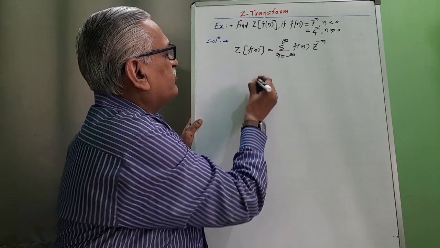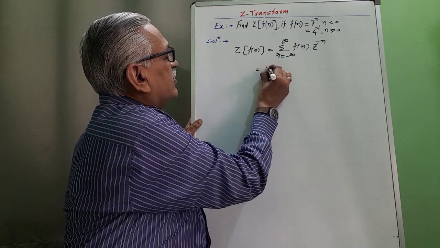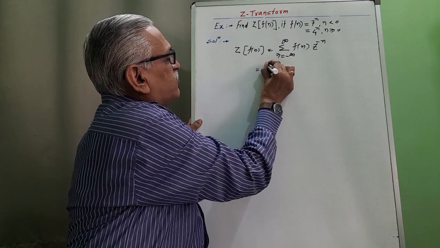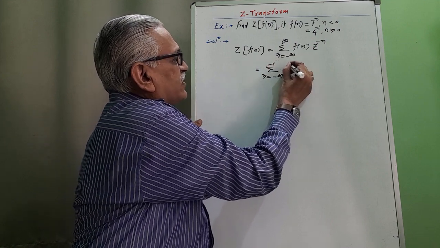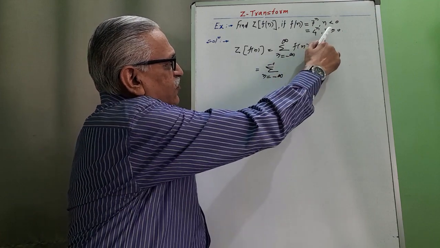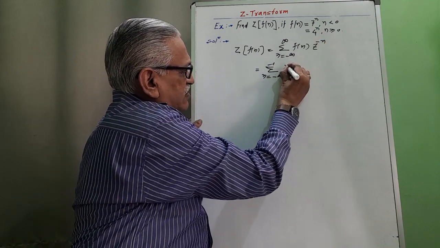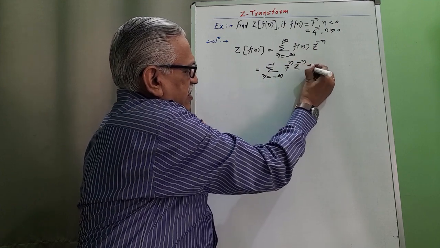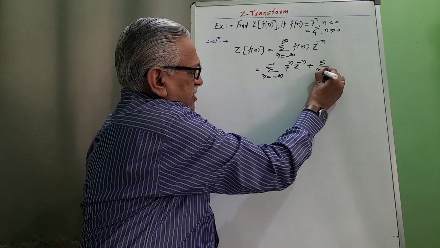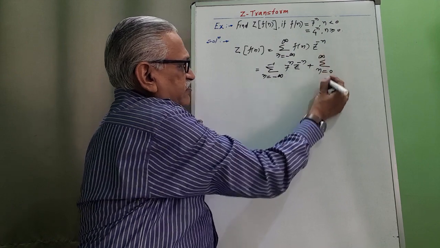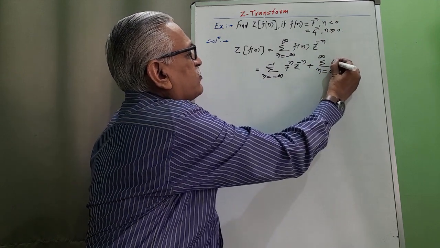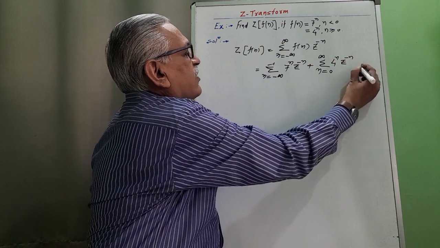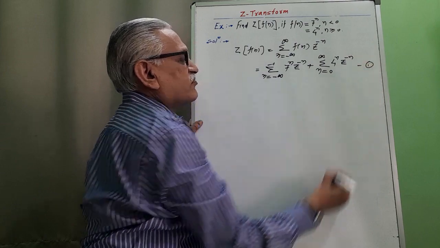Splitting it, n equals minus infinity to minus 1, f of n, for that range f of n is 7 raised to n, z raised to minus n, and second summation from n equals 0 to infinity, f of n is 4 raised to n into z raised to minus n, and we call this equation 1.